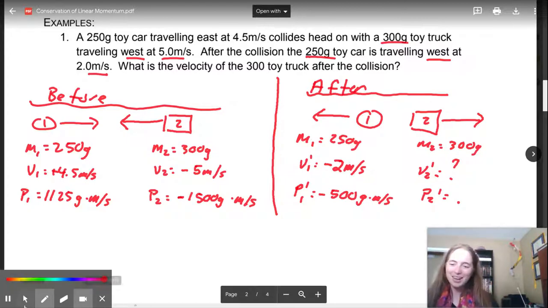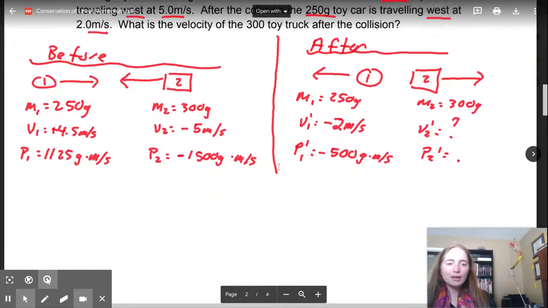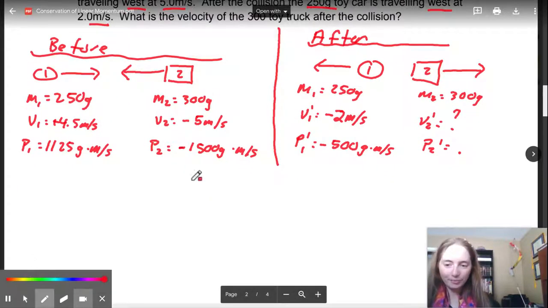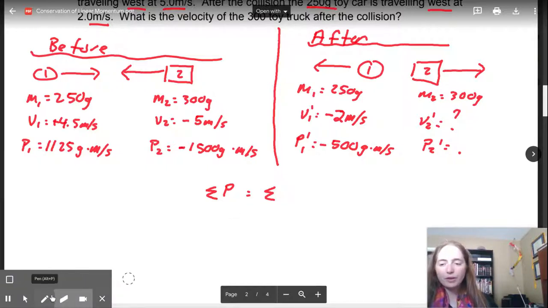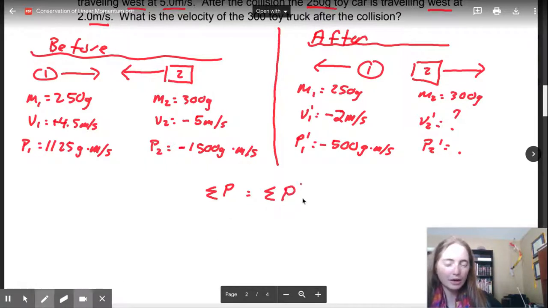All right. So now I am going to equate the sum of my momentum before to the sum of my momentum after. Now we can start putting in our numbers. Well, look, I have already calculated these two momenta here.